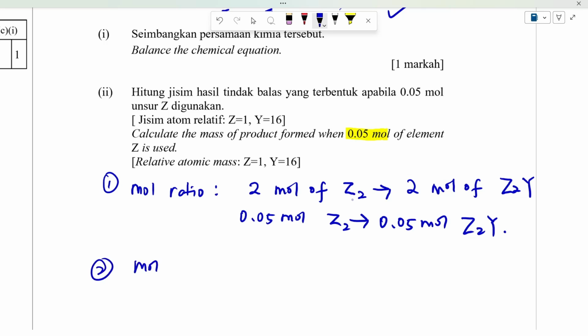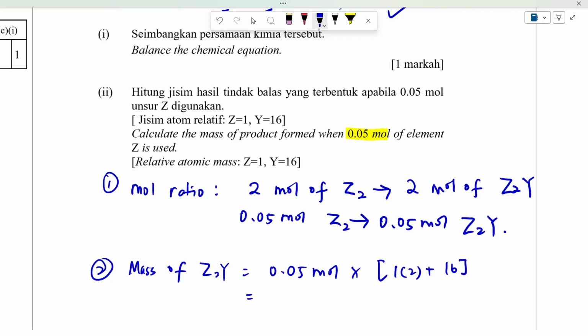So, not the mole, sorry. It should be the mass of Z2Y. You have the mole, 0.05 mole, times the molar mass. So the molar mass of Z2Y is 18. Z is 1, so 1 times 2, plus 1 plus 16.